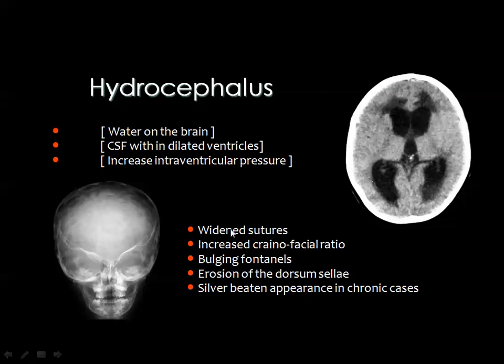Number one, in the pediatric age group, widening of the skull sutures, increase in the craniofacial ratio, the skull is much more enlarged compared to the face, bulging of the fontanelles, and in adults we used to see erosion of the dorsum sellae, and sometimes there is what is known as the silver beaten appearance in long-standing cases, which means that there are some indentations on the calvarial bones exerted by the convolutional markings of the brain.